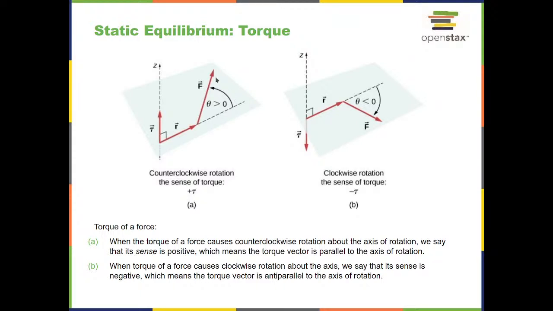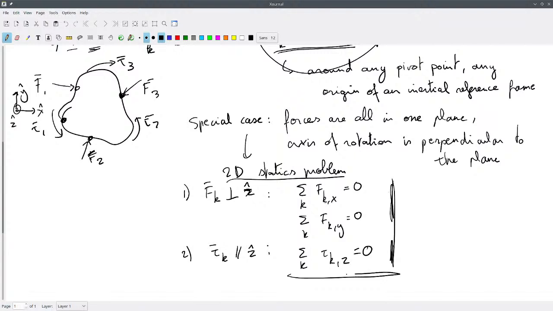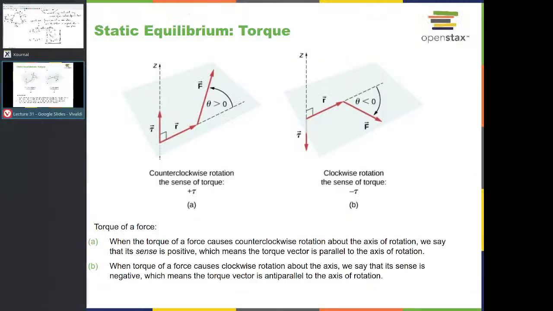And if our force is in this plane, we use our right-hand rule to indicate that the torque is pointing along the z-axis. So this will be a positive torque, or the component in our scalar equation that we use in this two-dimensional problem will be positive.